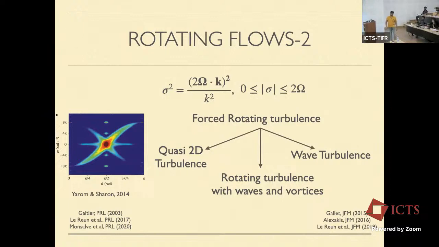For these inertial waves, if your k vector is perpendicular to the omega vector, this product goes to 0, and the frequency is bounded from below by 0, right? Whereas when k vector is parallel to omega vector, this goes to 2 omega, right?